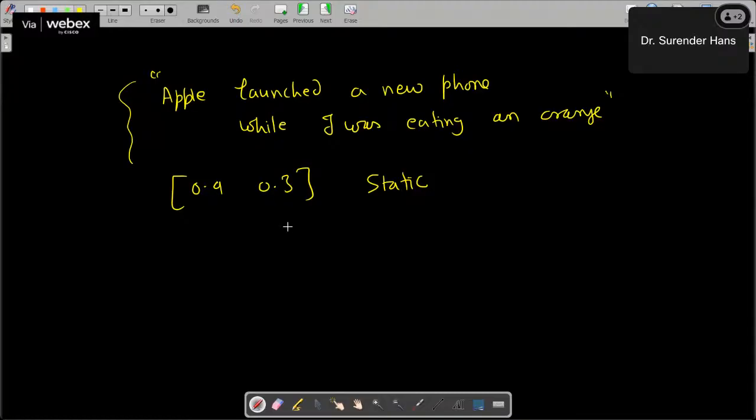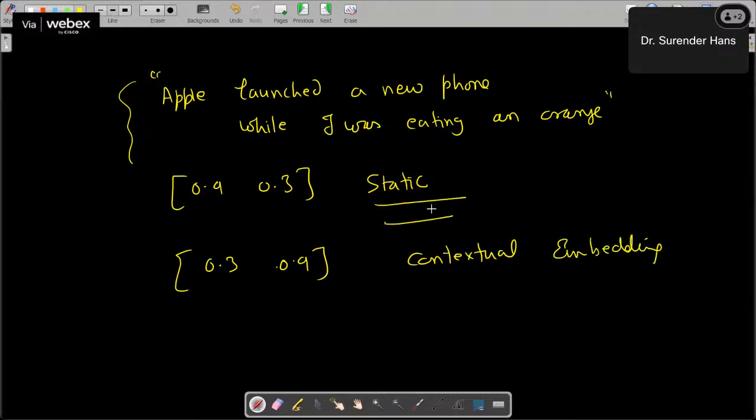Contextual embedding means it should be 0.3 and 0.9. This one is a contextual embedding, and it changes dynamically based on the text.